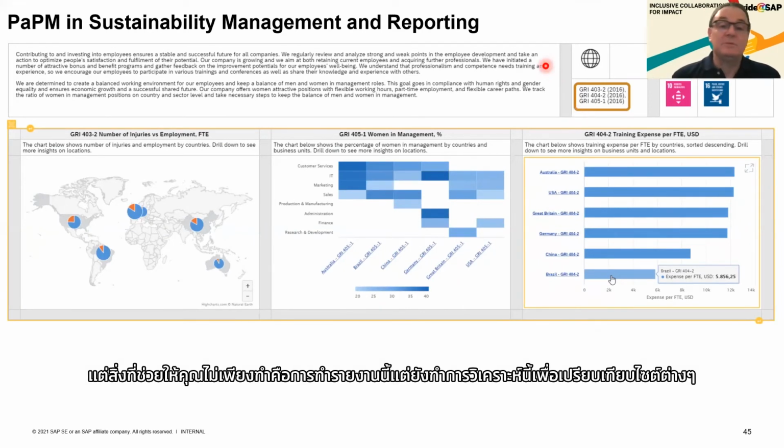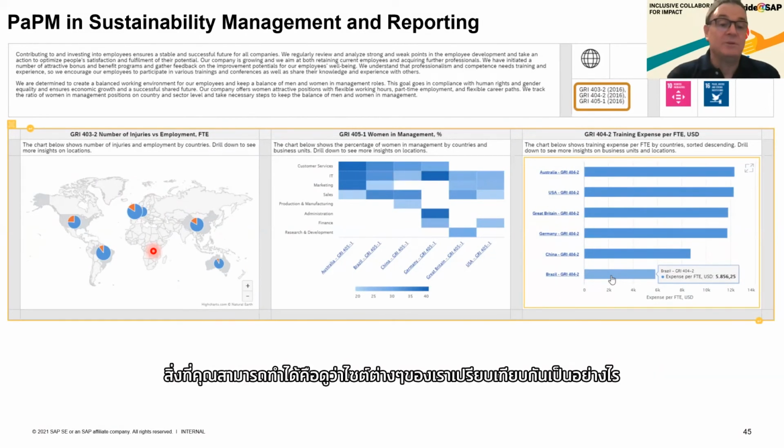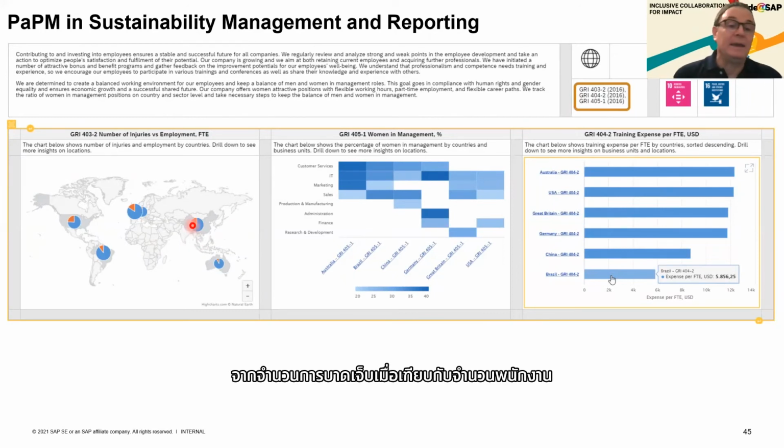But what it helps you not only do is this reporting, but also this analysis to compare different sites. In this map, they've got a number of sites around the world, but if you've got a number of sites in Thailand, you can say, how do my different sites compare from a number of injuries versus the number of employees perspective?